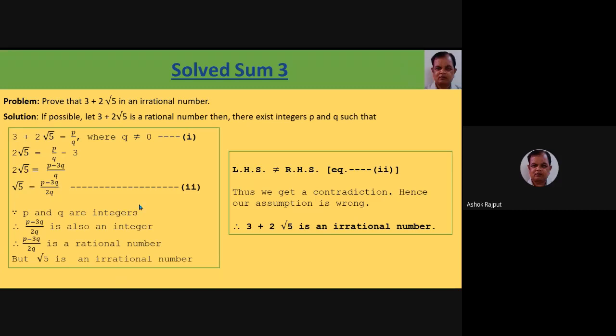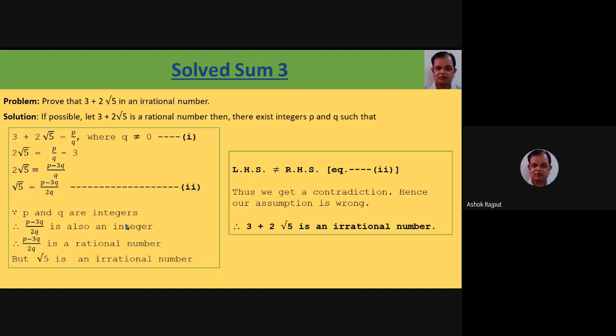We are seeing here, as we have taken it p by q, p by q is rational. Because these are integers, p minus 3q by 2q is a rational number, and we already know root 5 is an irrational number. It means both sides are not equal.